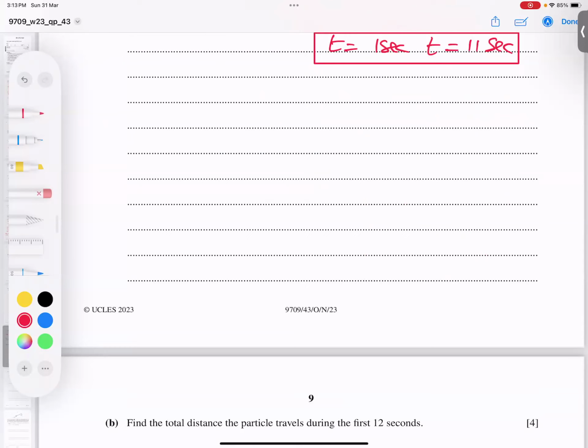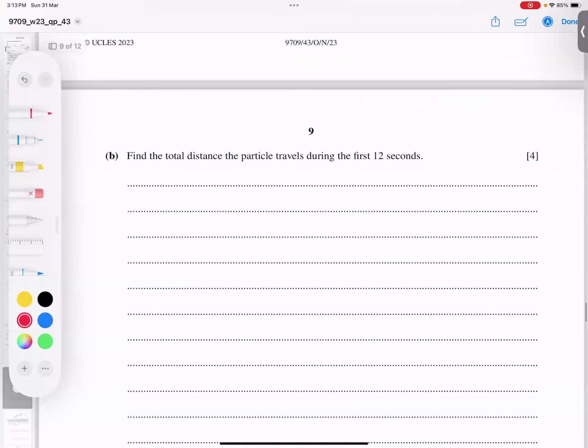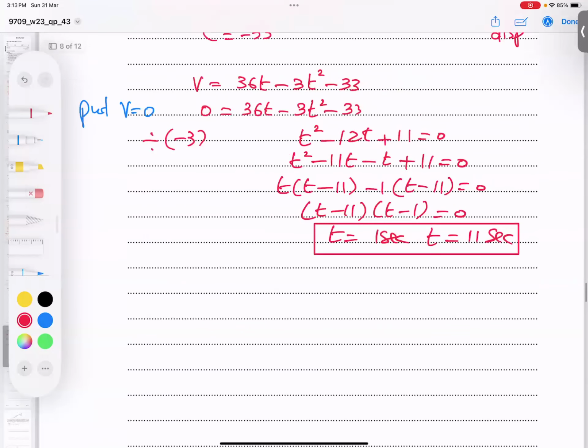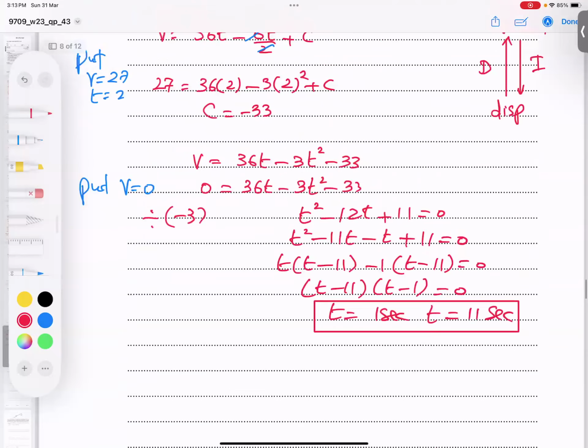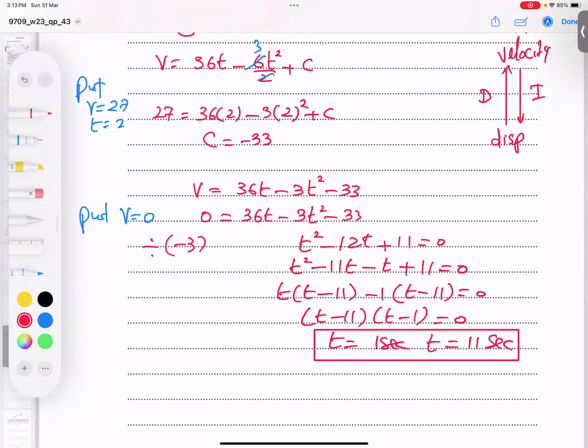Okay, and because total distance is 4 marks, I will do a rough sketch. Let me write this velocity equation first.